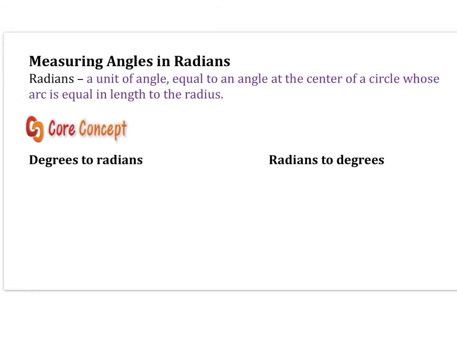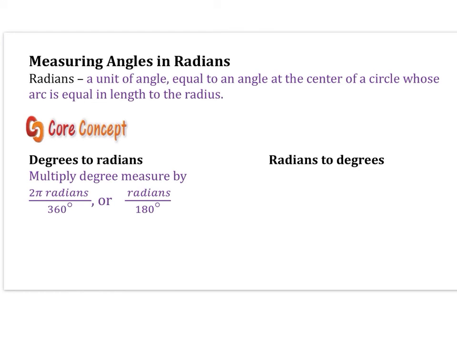All right, our final concept to understand in this section is measuring angles in radians. First of all, a radian is a unit of angle equal to an angle at the center of a circle whose arc is equal in length to the radius. So what we need to know is how to convert from degrees to radians and vice versa, radians to degrees.